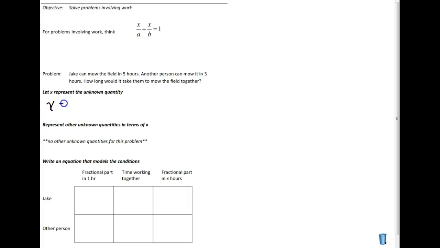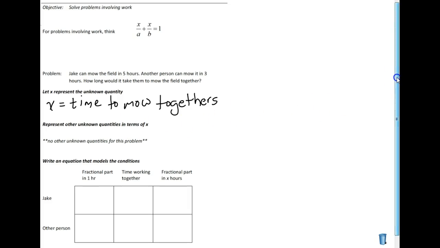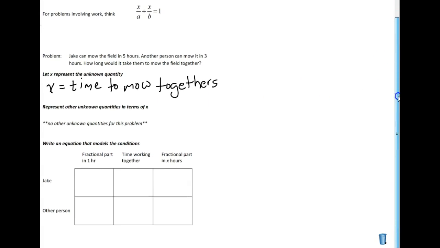So I'm going to say x equals how long it takes to mow the field together, the time to mow together. And we of course are going to put this in hours because the problem is already done in hours, okay? And there are no other unknown quantities for this one, so it's just how long does it take for them to mow together.